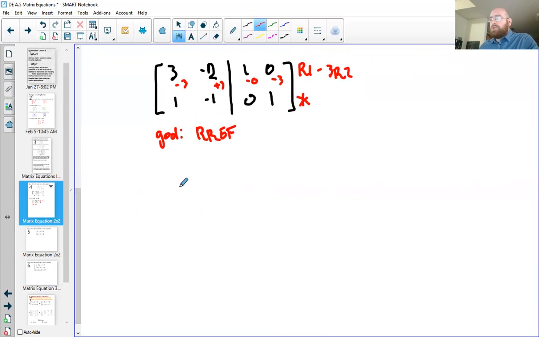So our new first row is going to be 0, +1, 1, -3.